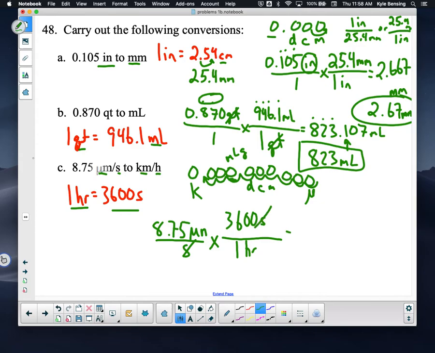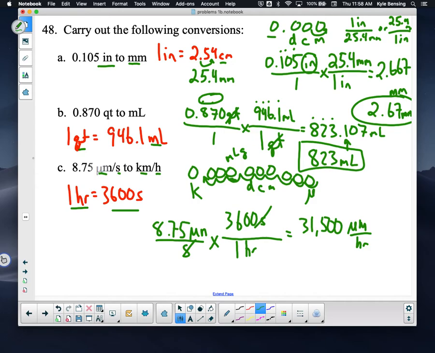That will give me a number of 8.75 times 3,600 equals 31,500, and that will be micrometers per hour.